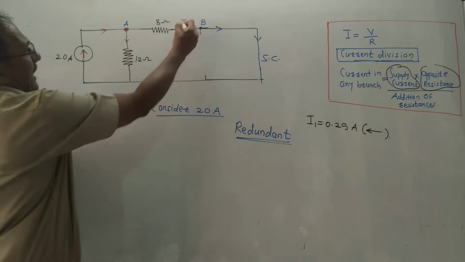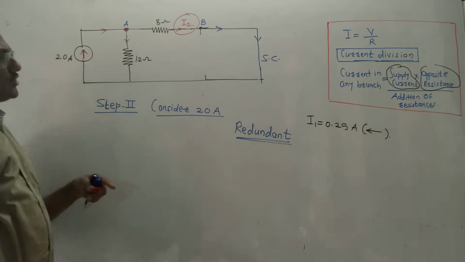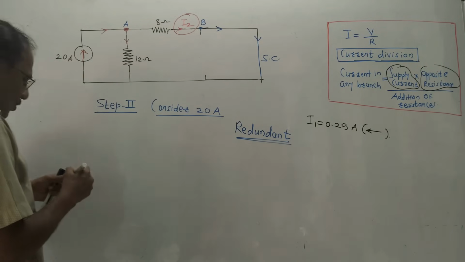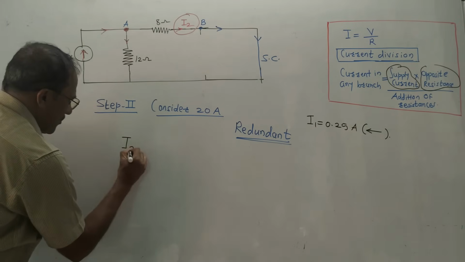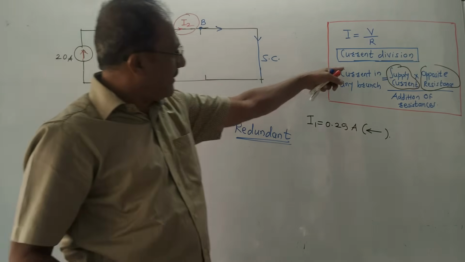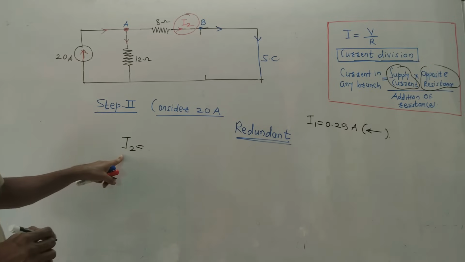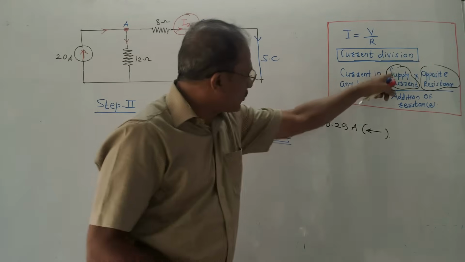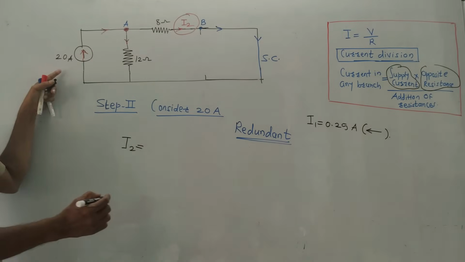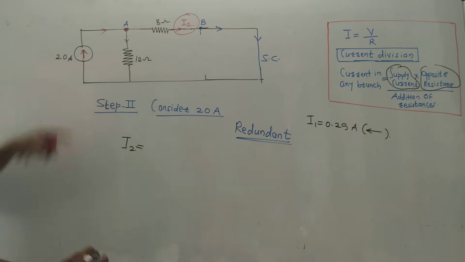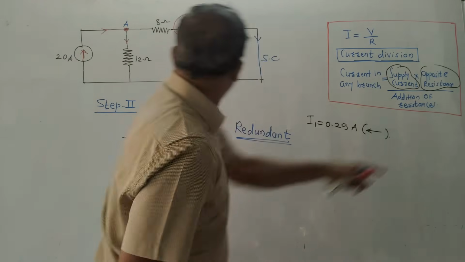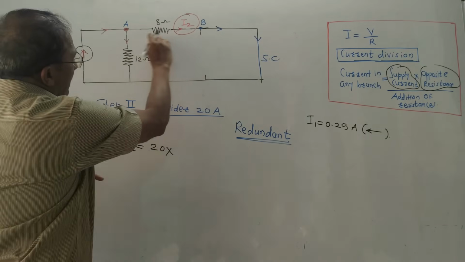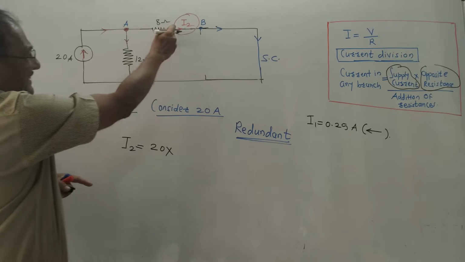What am I interested in? I am interested in calculating the value of I2. So how to do this calculation? Again, we are supposed to make use of the current division formula. Current in any branch, I want to calculate current I2, is equal to supply current. What is the supply current in the present case? It is 20 amperes. So I will write 20 into the opposite resistance. I want to calculate the current passing through 8 ohm. What is the remaining resistance?